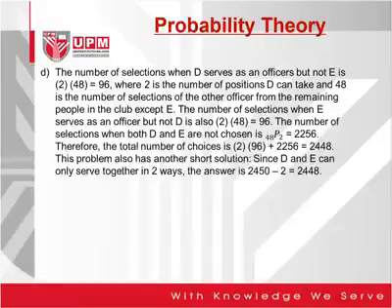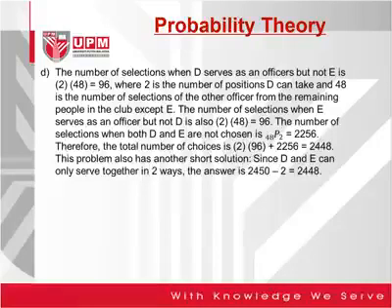So the first scenario is either one of them is chosen, but we can say that we don't want them. So many troubles, we don't want them. So when we say we don't want them, we only have 48 left. So out of the 48, we want to choose 2. How many ways for us to choose 2 to place them as a driver and a co-driver? The answer is 2256. So the answer is 2 multiplied with 96 plus 2256. Then we will get the answer which is equal to 2448.